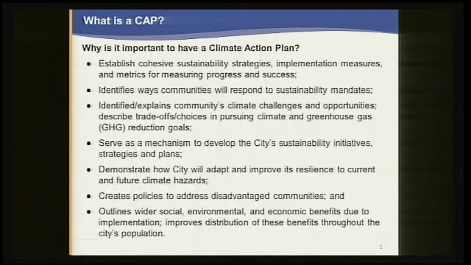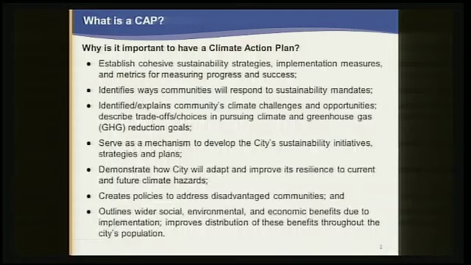It will also serve as a mechanism for the city to develop sustainability initiatives and strategies, and it will help prioritize those strategies. It will demonstrate how the city can adapt and improve resilience to deal with future climate hazards, flooding, storm events, heat events, and drought, for example.